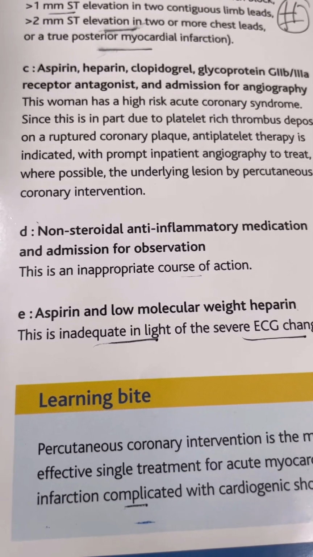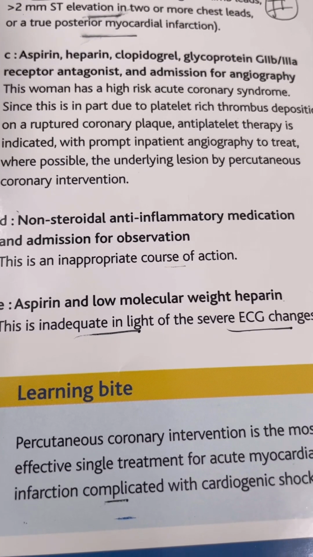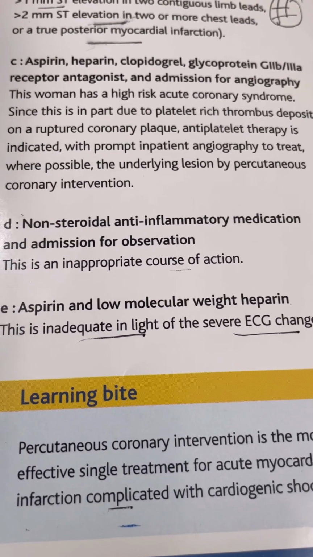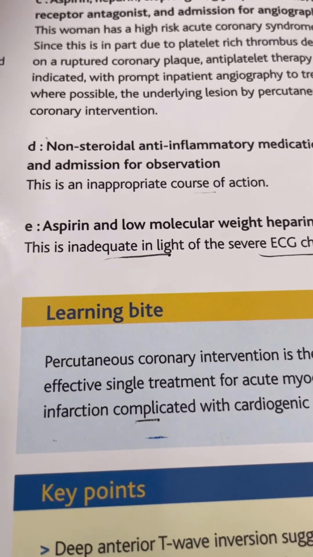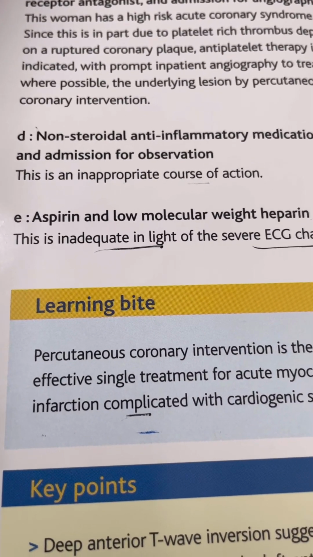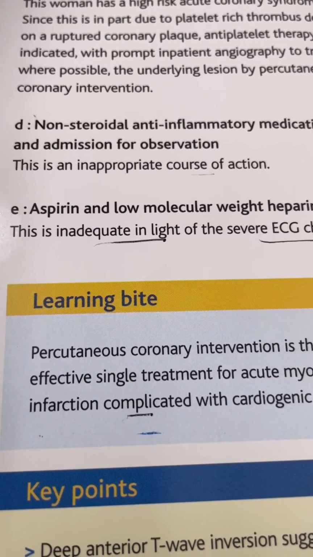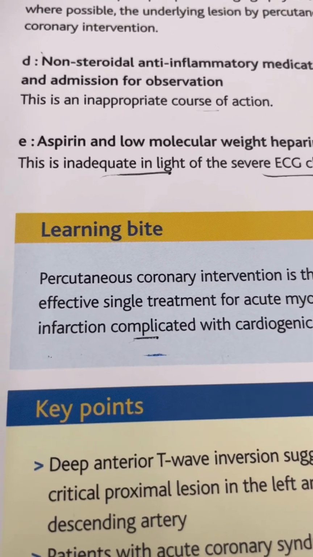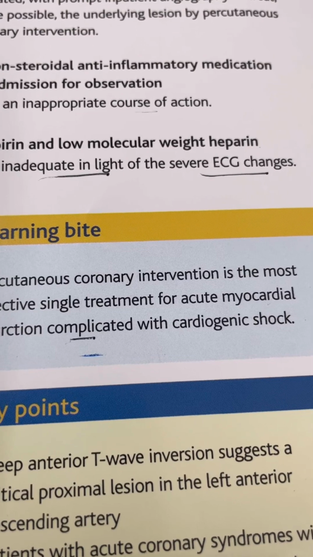Antiplatelet therapy is indicated with prompt inpatient angiography to treat, where possible, the underlying lesion by percutaneous coronary intervention. Non-steroidal anti-inflammatory medication and admission for observation: this is an inappropriate course of action. Aspirin and low molecular weight heparin: this is inadequate in light of the severe ECG changes.